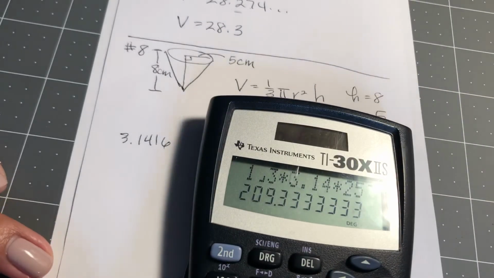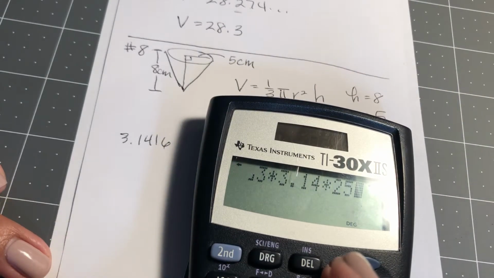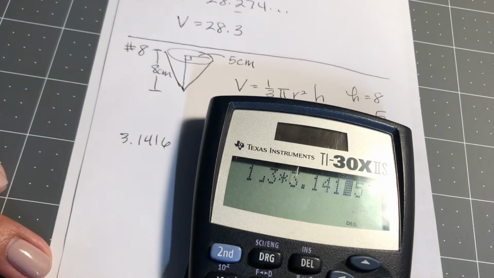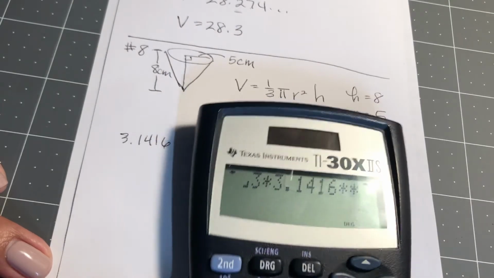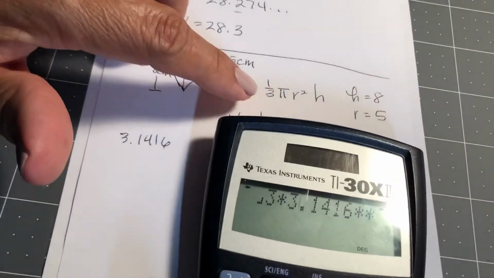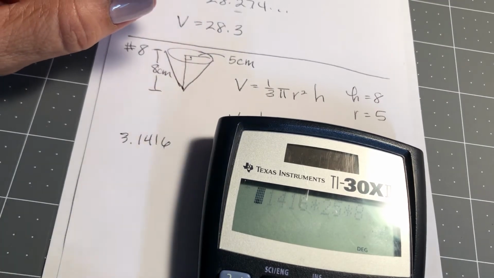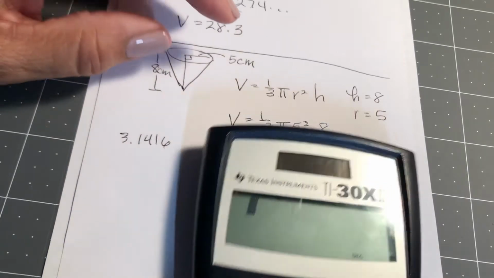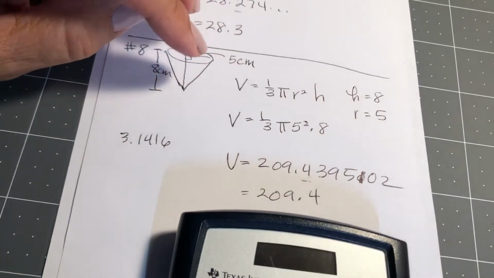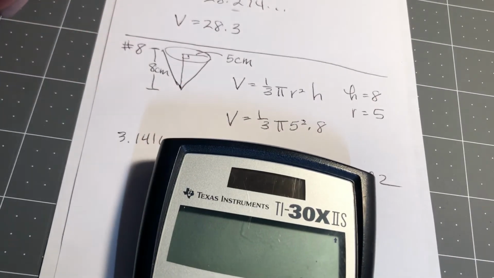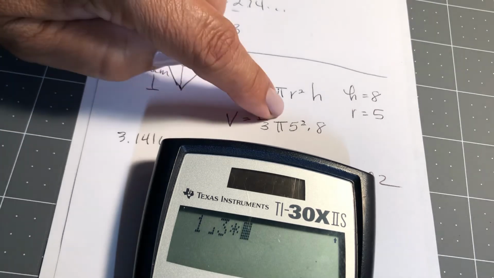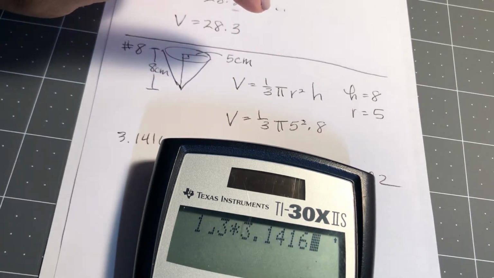Well, let me see if I could do it with 3.1416. 3.1416 times 25 times 8. Oh, great. Let's try that one more time. Okay, so we have 1/3 times 3.1416 times 25 times 8.